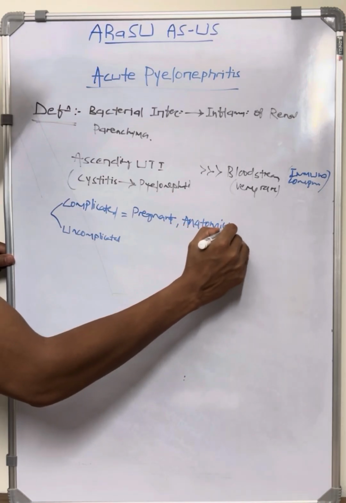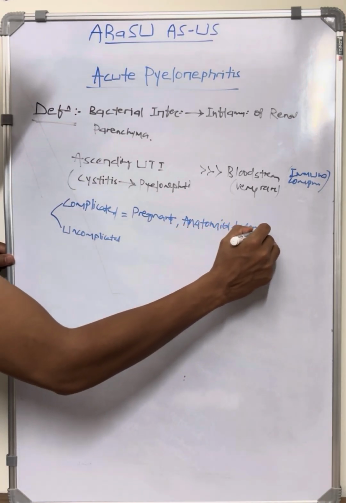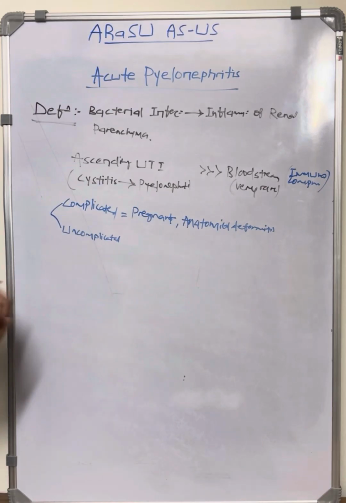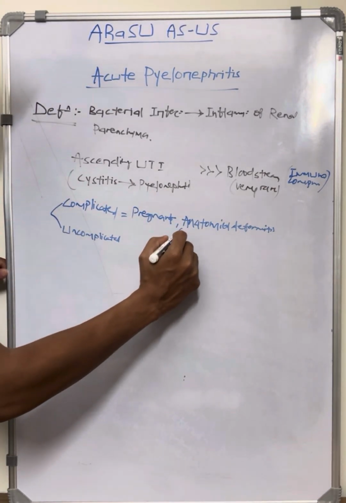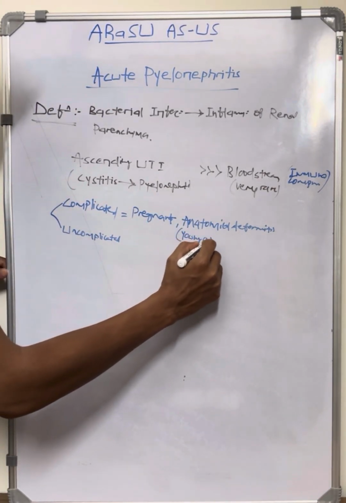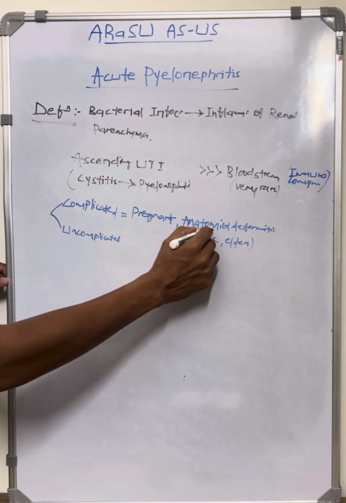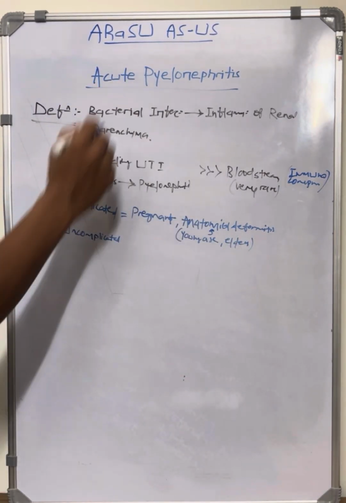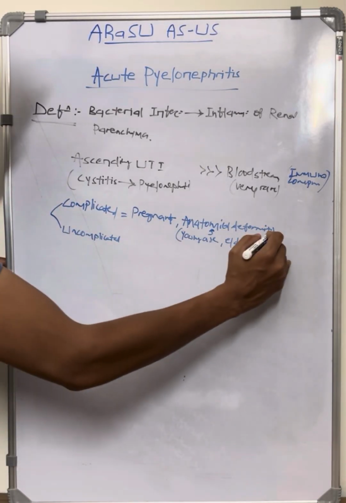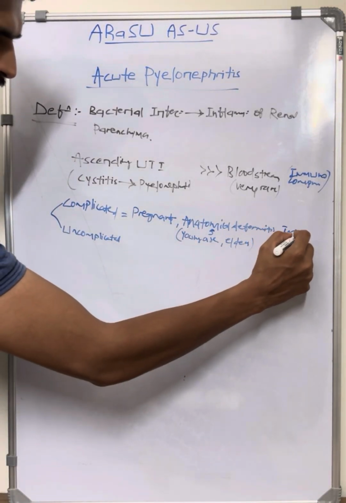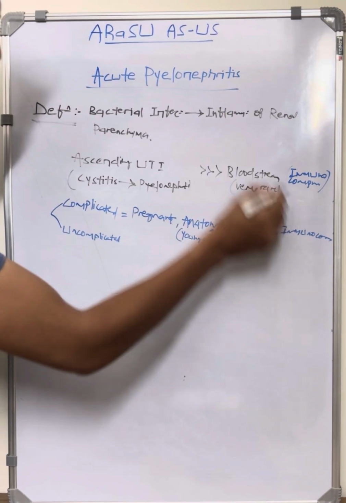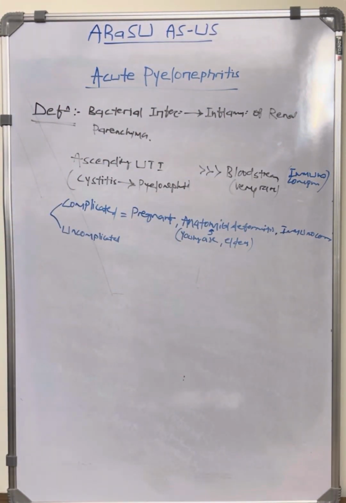Here we have to remember that extremes of age, such as very young age and elders, are at risk of developing anatomical deformities, which can lead to pyelonephritis. Then suppose the individual is immunocompromised, we can think of it as a complicated UTI.